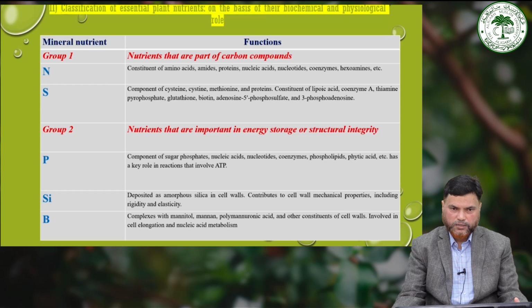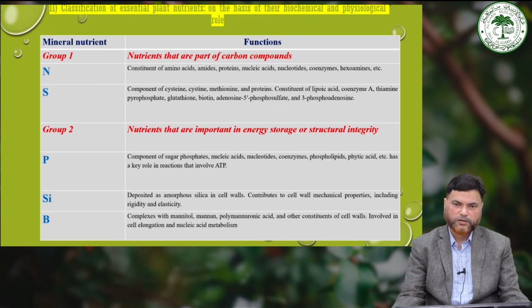Now in the second group there are 3 essential mineral elements, namely phosphorus, silicon and boron. They are essential elements and play a very crucial role in energy storage or structural integrity within biological systems.